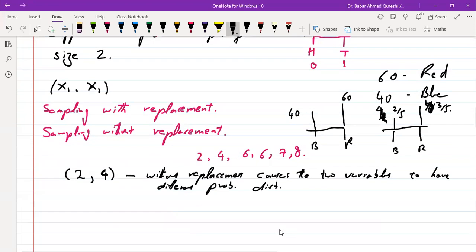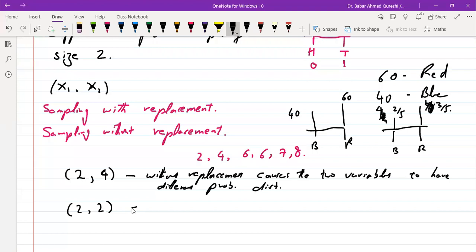But if I pick and put it back and then again randomly choose, then obviously if I have a 2 here, I still have 1/6 probability that I'll again get a 2 here. So in that case, the two variables become exactly the same, in the sense that they both have exactly the same probability distribution. So both of these things are valid.